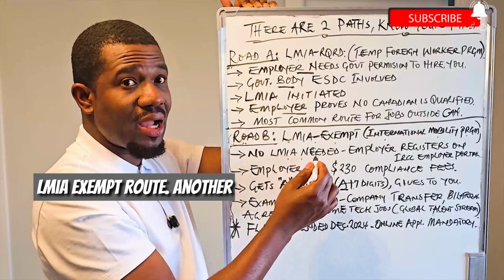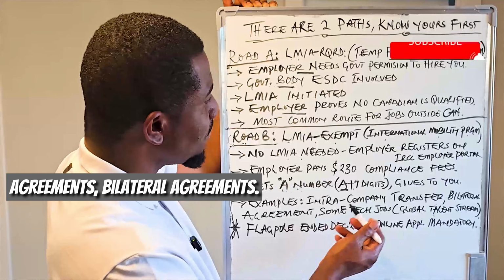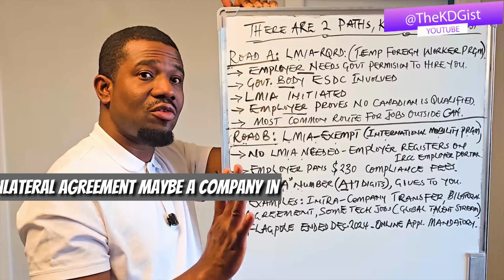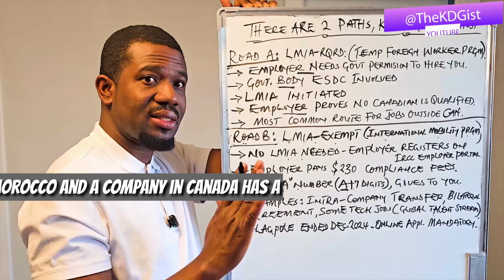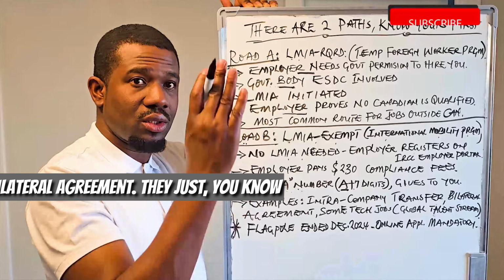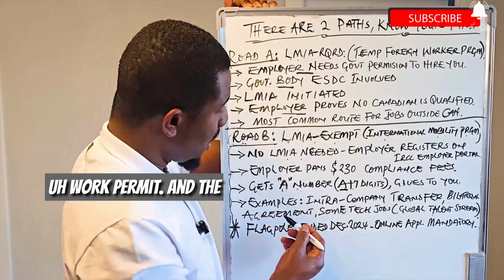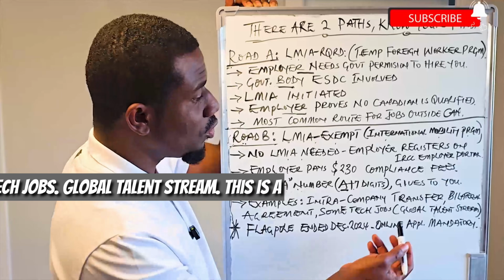Another example is what we call a bilateral agreement. Maybe a company in Morocco and a company in Canada have a bilateral agreement. They just sign an agreement, and you apply for a work permit. The third example is some tech jobs, the Global Talent Stream.